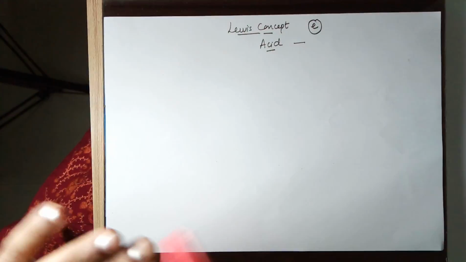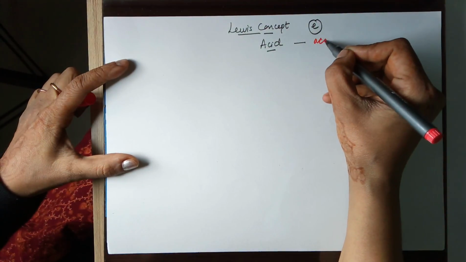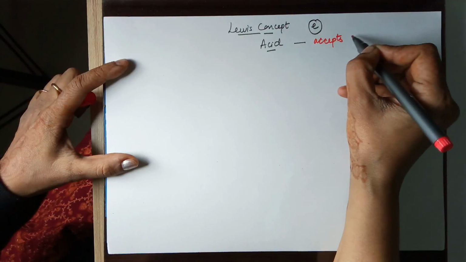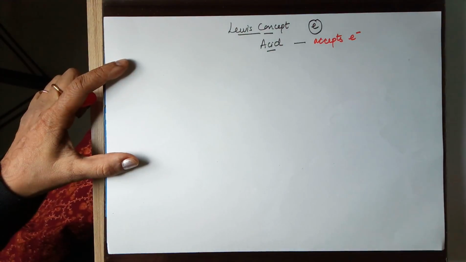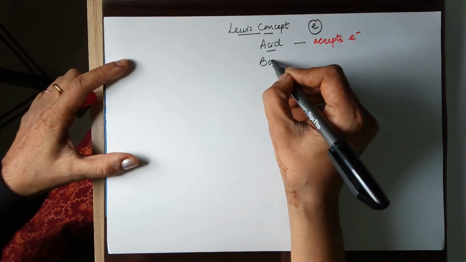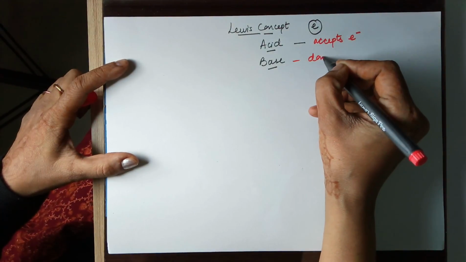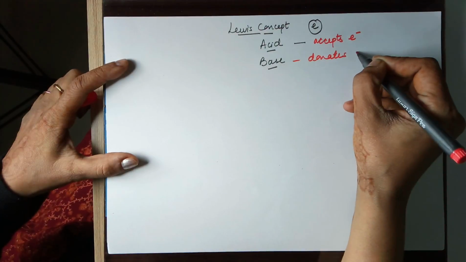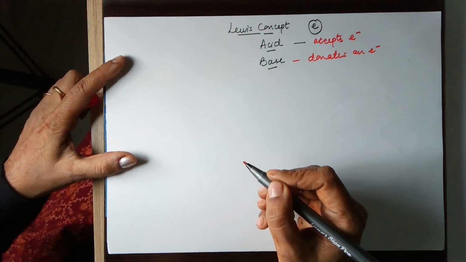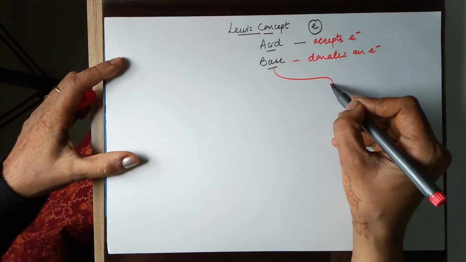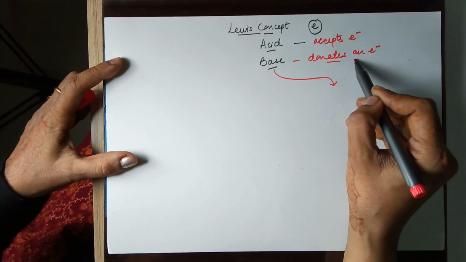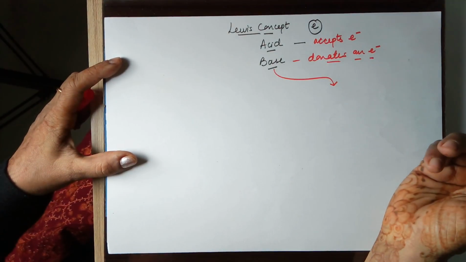Acid is an identity which accepts electrons, while a base is an identity which donates an electron. Therefore, when I talk about bases, anything can donate electron only if it has electrons.